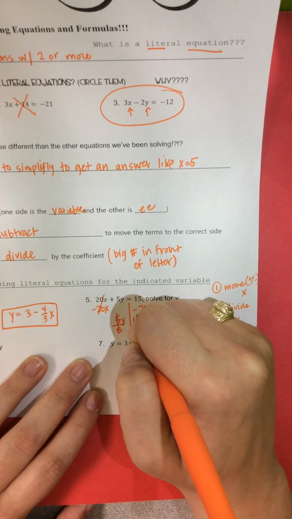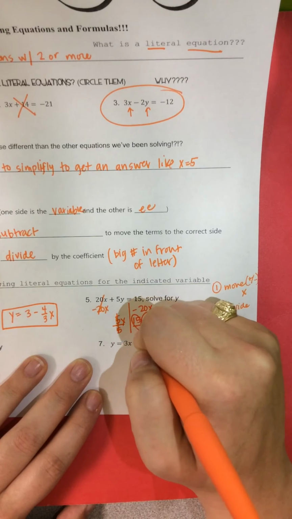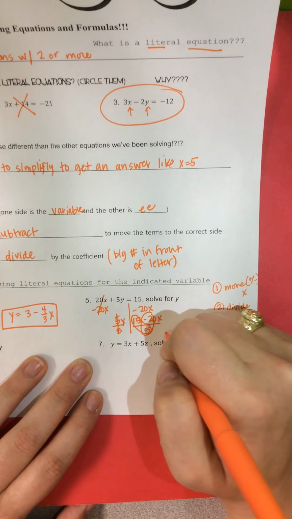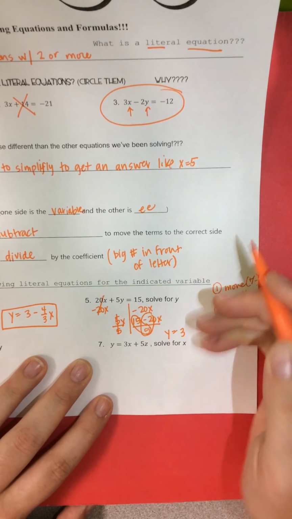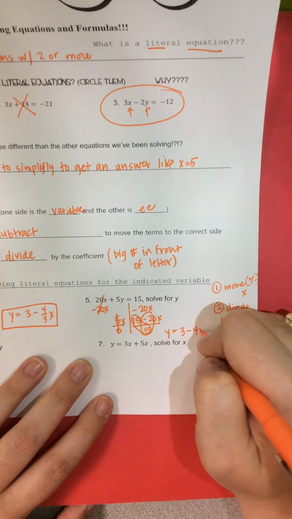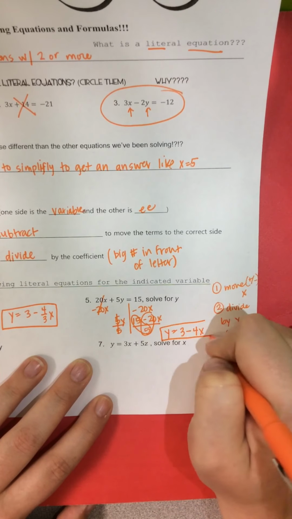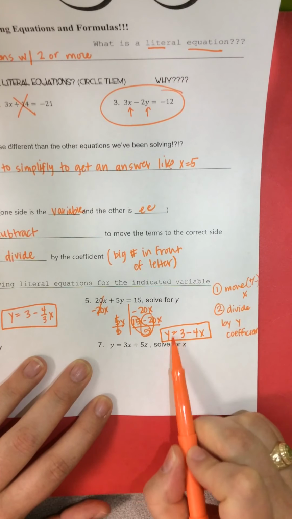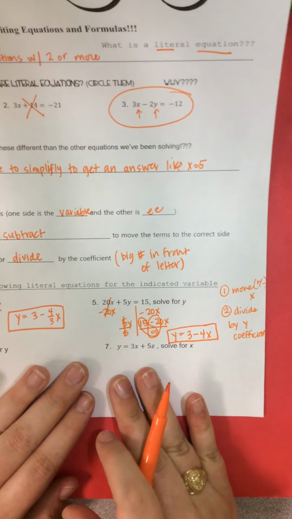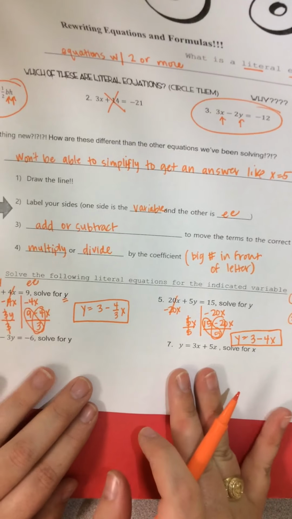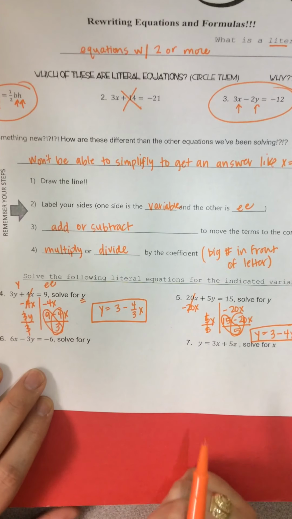That means this 15 is getting divided by 5, and this negative 20 is getting divided by 5. So my y equals 15 divided by 5 is 3. Negative 20 divided by 5 is negative 4x. In your answer, you should have y equals a number and then another number with a letter. In this case, that other letter is an x. Always, always.